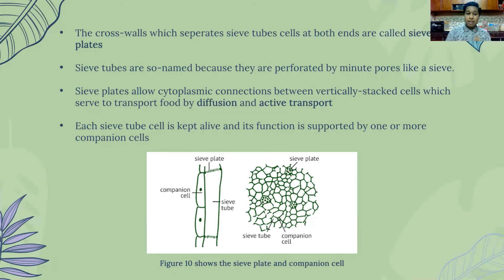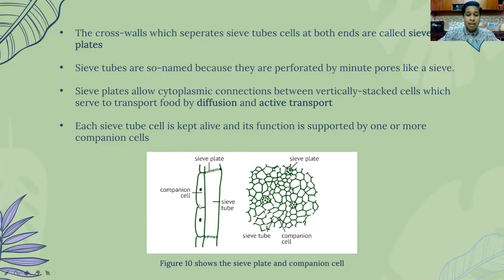Each sieve tube cell is kept alive and its function is supported by one or more companion cells. So what is the function of companion cells? Now we look at the function of companion cells. Before that, let's take a look at figure 10, which shows the sieve plate and companion cell.